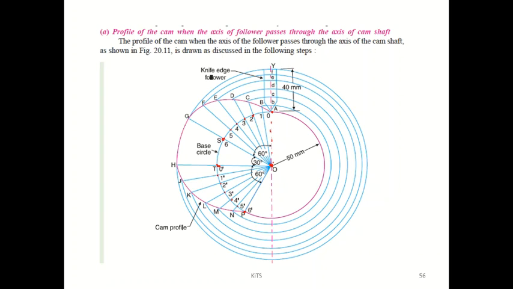From O, draw a line through 1, let it cross like this. From O, draw a line to 2, let it cross like this. Similarly to 3, 4, 5 and 6. Same thing here also: from O, draw a line to 0 dash.